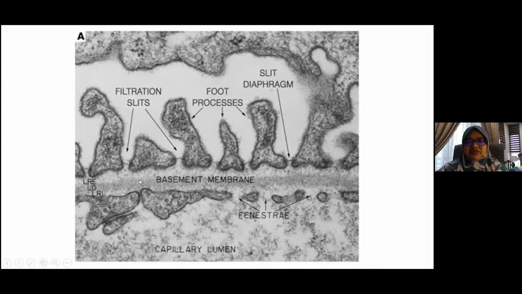The middle layer is the lamina densa, which is more dense, and the internal-most is the lamina rara interna. The lamina rara interna is attached to the fenestrated endothelium, whereas the lamina rara externa is where the foot processes hold their part. Okay, so these are the slit diaphragms.